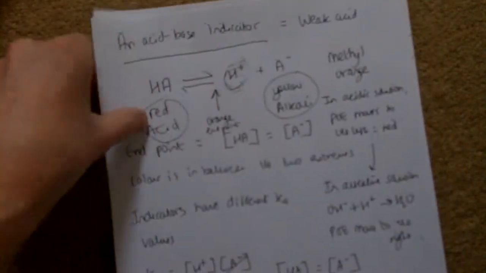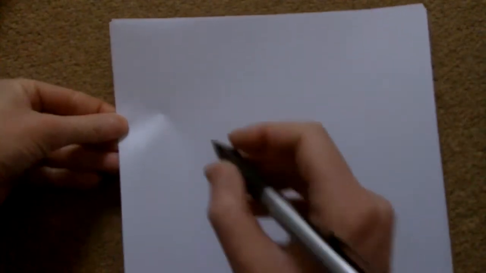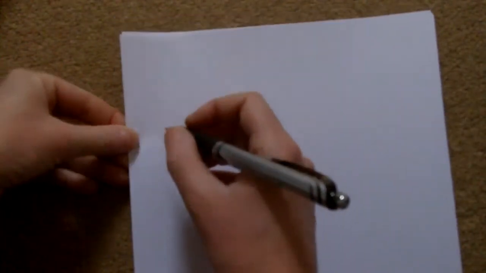Right, what would you actually be asked to do in an exam question? In an exam question, you'd be asked to sketch the titration curve. You'll be asked to choose the indicator, and then you'll also be asked to do some calculations on the titration curve. So let's do some sketching first. There are four different scenarios.